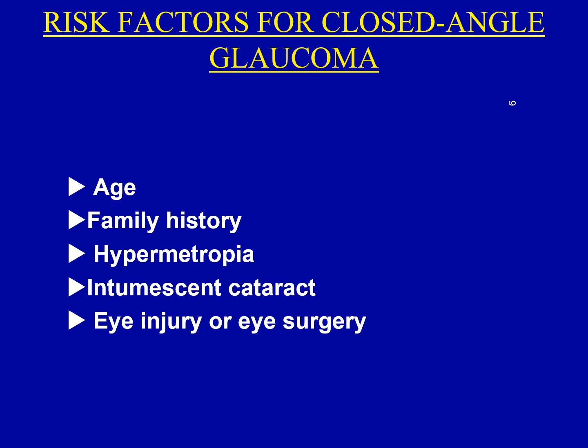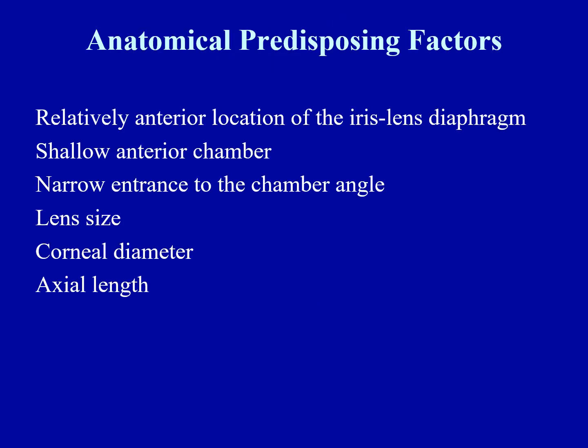And if there was previous injury or surgery, it may have caused injury at the level of the angle of the anterior chamber, causing peripheral anterior synechiae, so it contributes to causing closed angle glaucoma. Anatomical predisposing factors for narrow angle glaucoma are a relatively anterior location of the iris lens diaphragm, as in hypermetropia, where the iris lens diaphragm is forwardly placed.